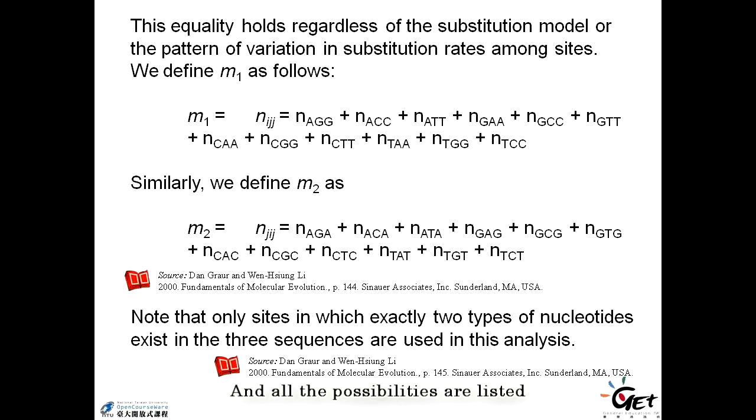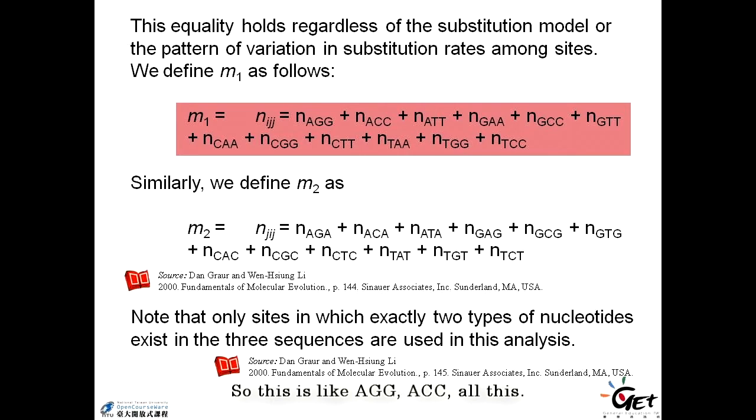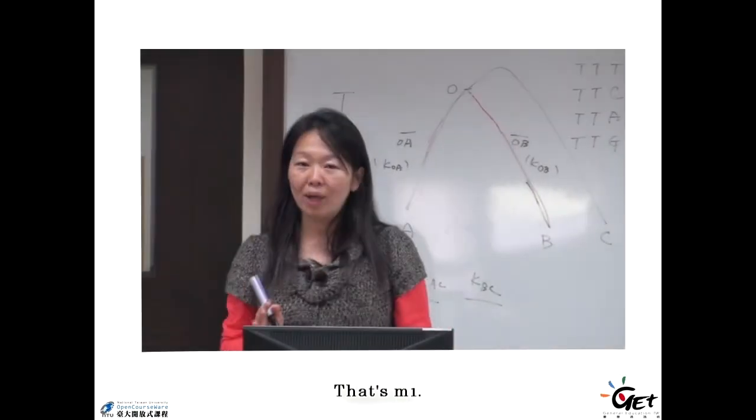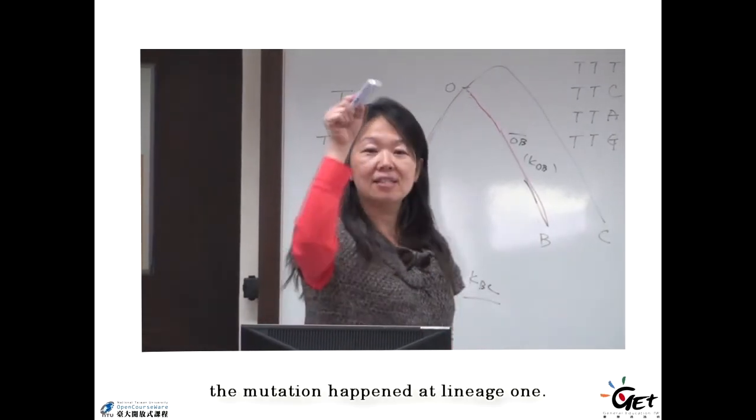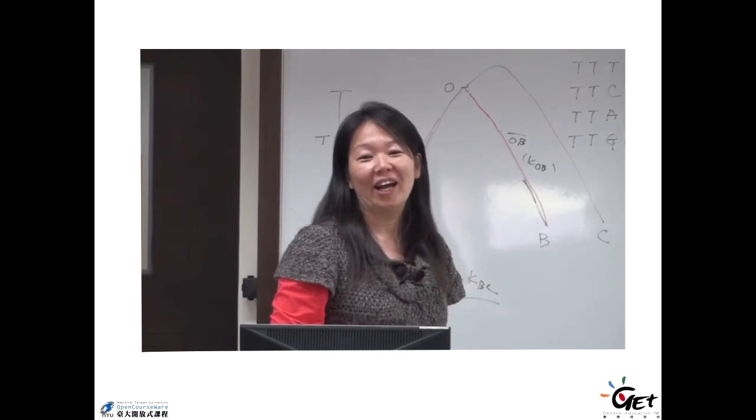And the only possibilities are listed next to the second equal sign. Okay, so this is like A, G, G, A, C, C.